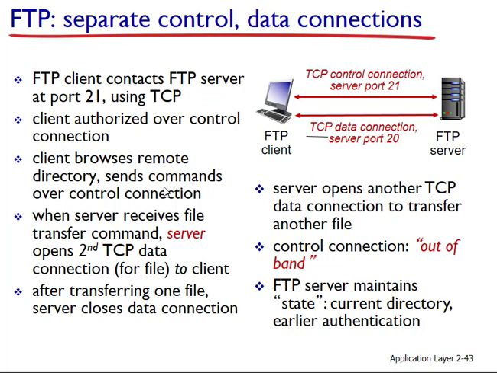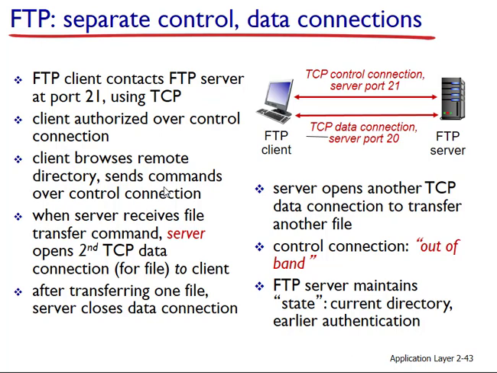The control connection is used for sending control information between the two hosts. Information such as the user identification, passwords, commands to change remote directory, commands to put or get files. The data connection is used to actually send a file.